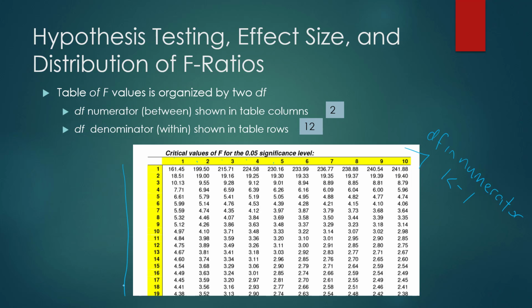The rows is degrees of freedom in the denominator, or N minus k. So for our study, we have degrees of freedom 2 and 12. That gives us a critical value of 3.89.